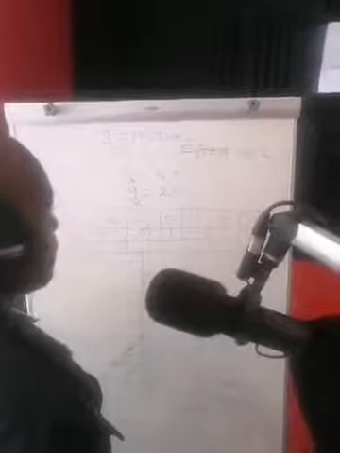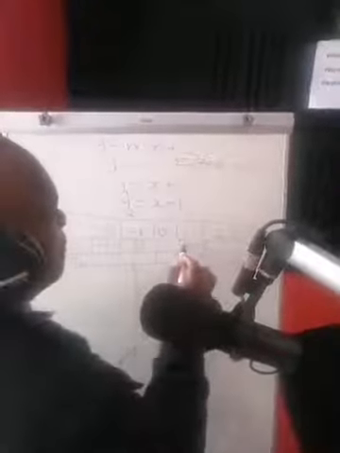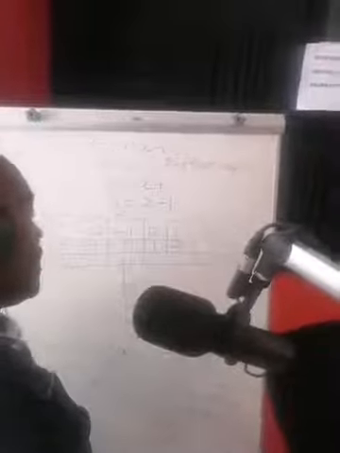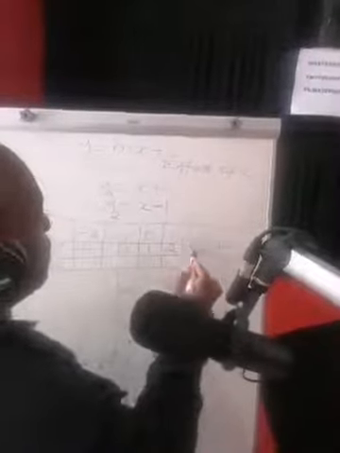If you put 1 where there's x, you are going to have 1 plus 1, which is going to be 2. If you put 2 where there's x, you're going to have 2 plus 1, which is going to be 3. Then I'm done with the first function.